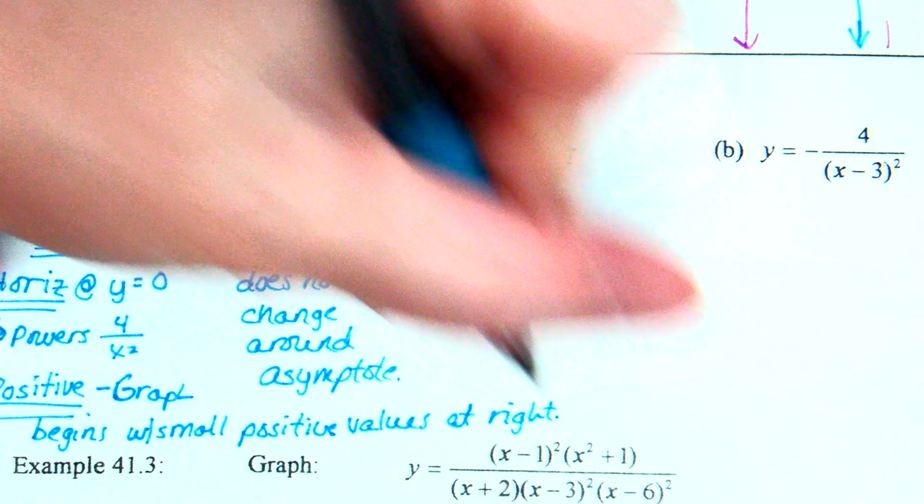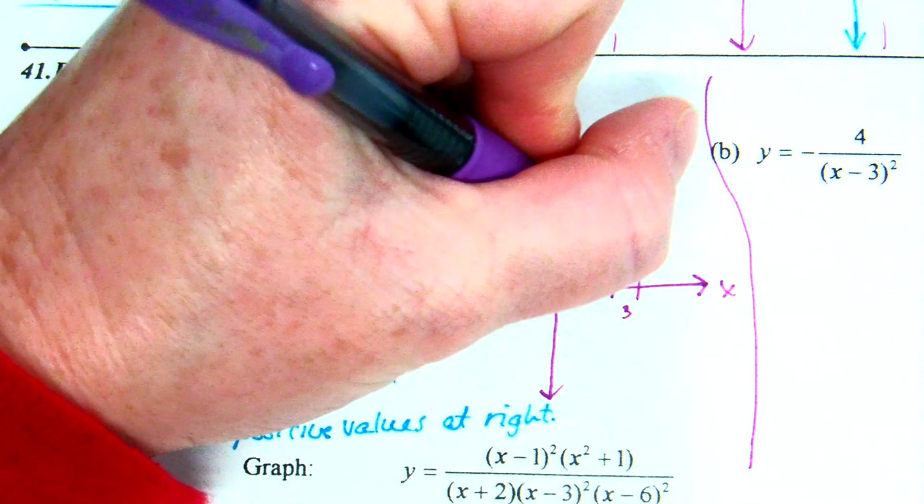Okay, we run along the x-axis, and then we run along the vertical asymptote of 3. What happens when I jump over that asymptote? Okay, but because there was a power of 2 that says we stay positive, and so we're going to go down. No zeros to cross, so you're going to go down and run alongside the x-axis.